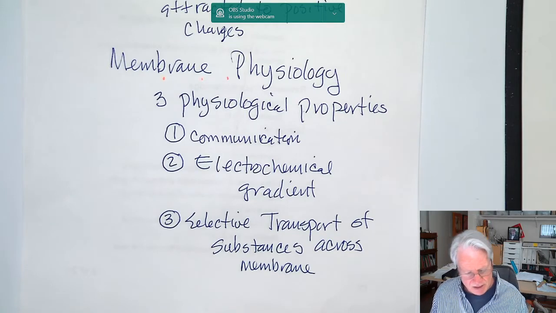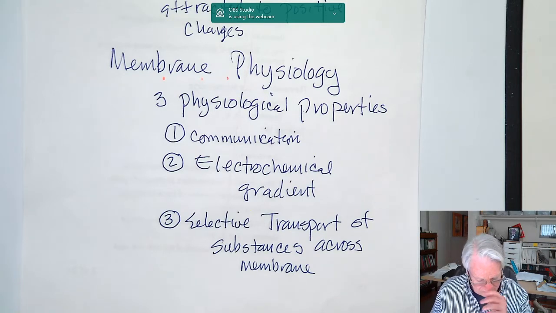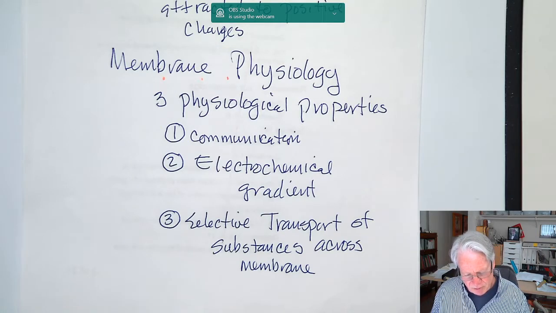Okay. Let's talk about the first one very quickly. And we'll talk a little bit about the electrochemical gradient as well. And then we'll also talk about transport across the membrane and the various processes by which we do that.